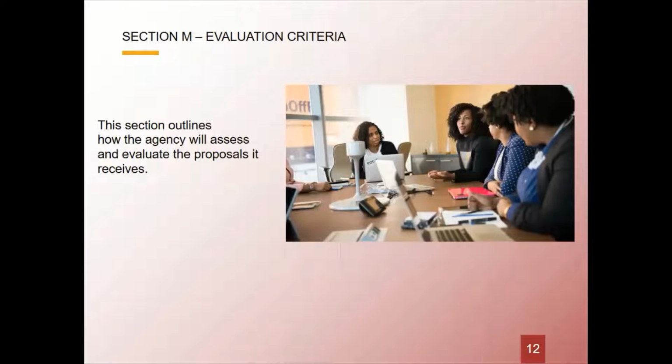This is usually where the government will compare your technical proposal to what they are looking for, and make sure that you are responsible and responsive, and that you can in fact deliver and perform the contract they are asking you for. So this section outlines how the agency will evaluate your proposal and get a full understanding before they make an award that you are the right contractor to perform.